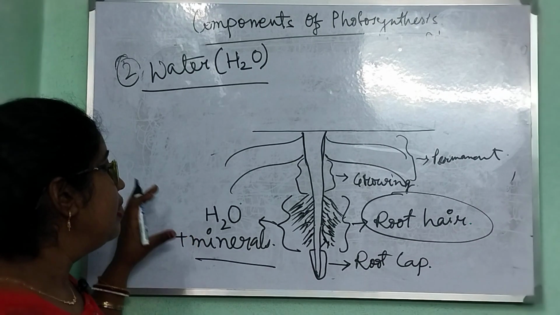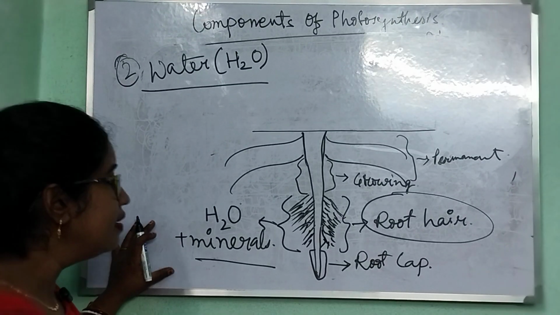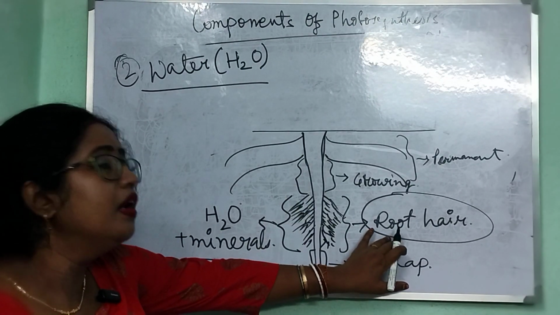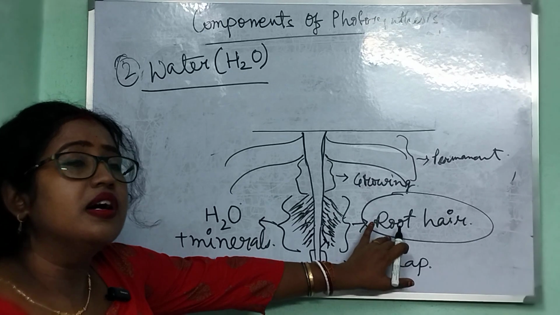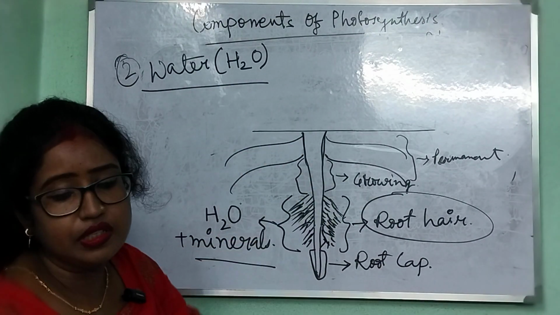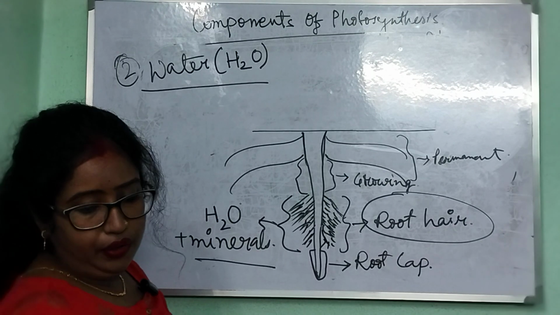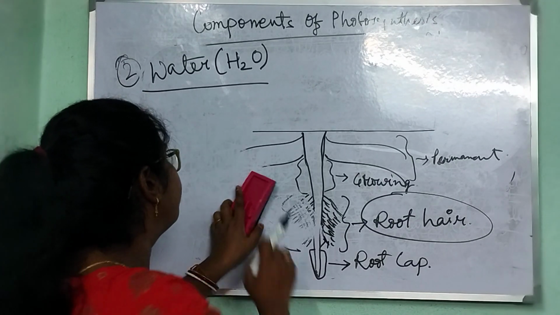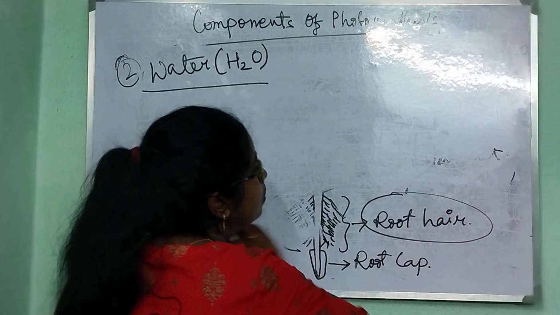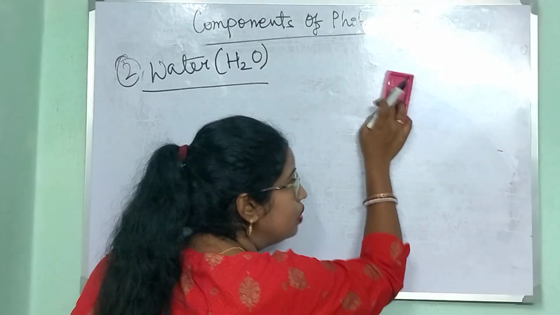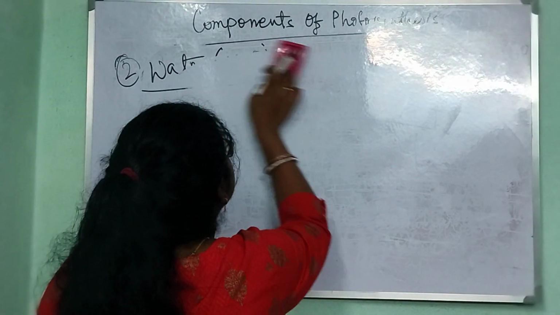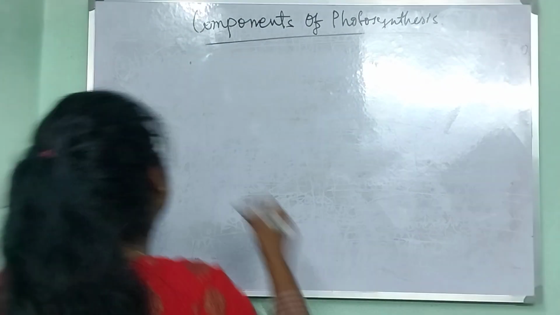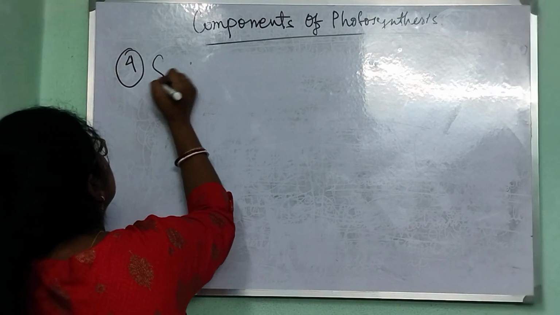The H2O and minerals absorbed by the root hair of the plant are a major component of the photosynthesis process. The excess water is lost by the stomatal pores and the remaining is utilized in the process of photosynthesis.